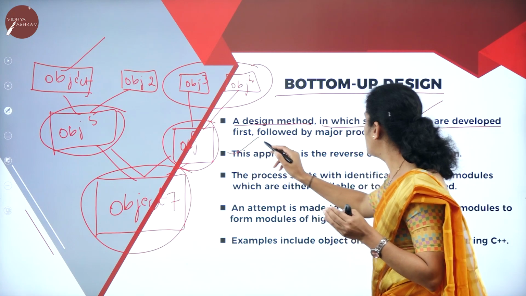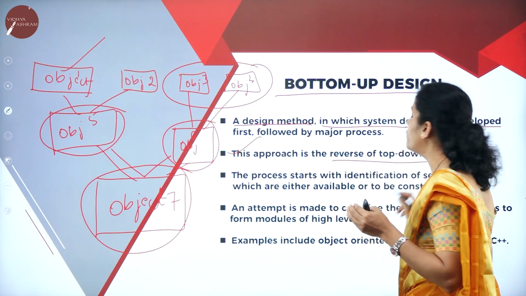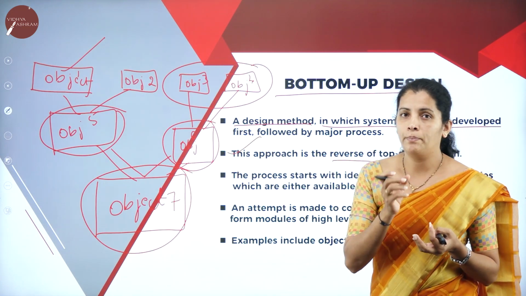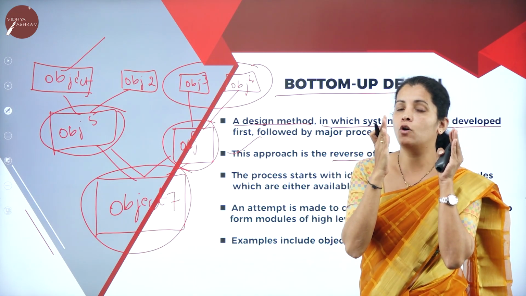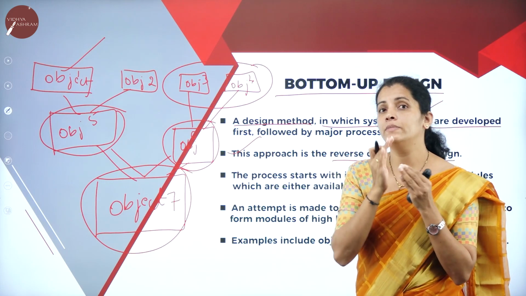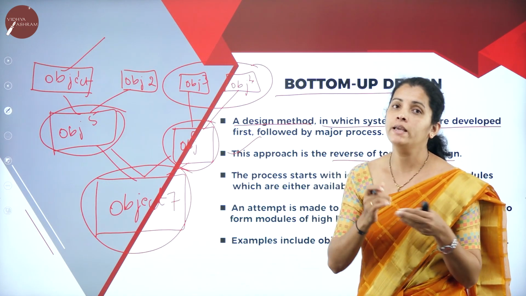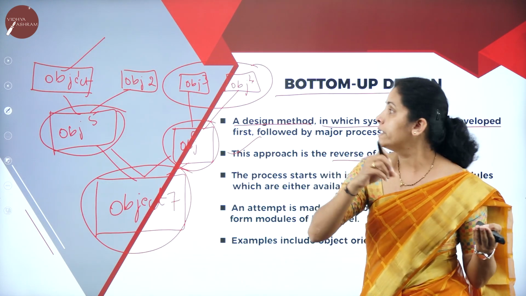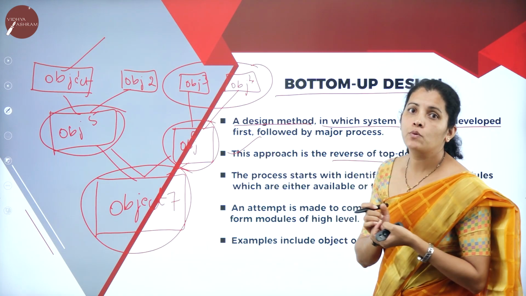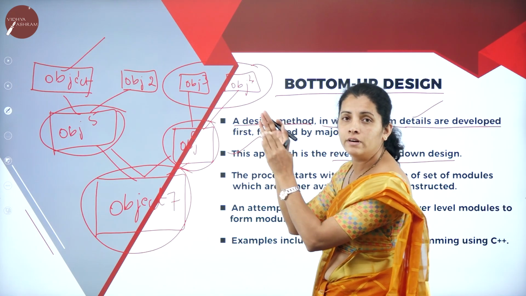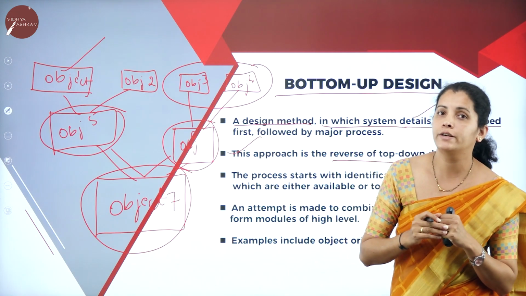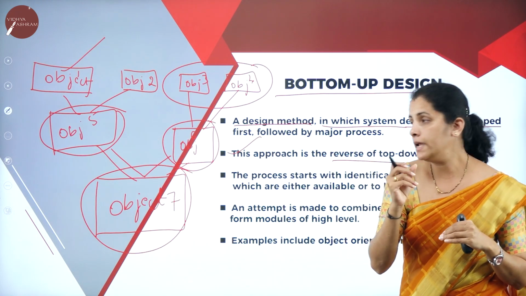This approach is the reverse of the top-down approach. That means in top-down, what I will do first is concentrate on my main program, then I'm going to concentrate on my subprogram. But in bottom-up design, I'm going to concentrate on my subprogram first, then I'm going to concentrate on my main program later.